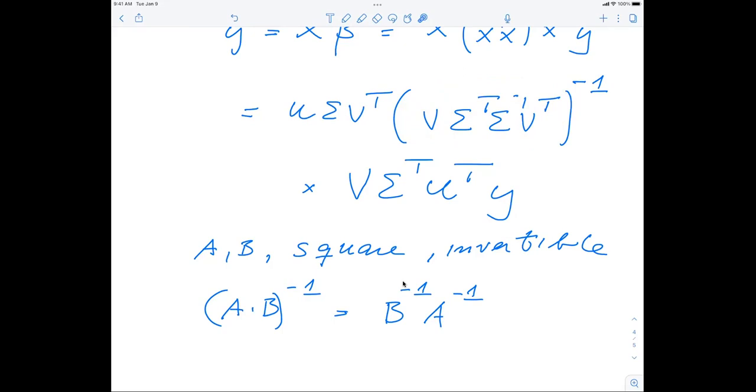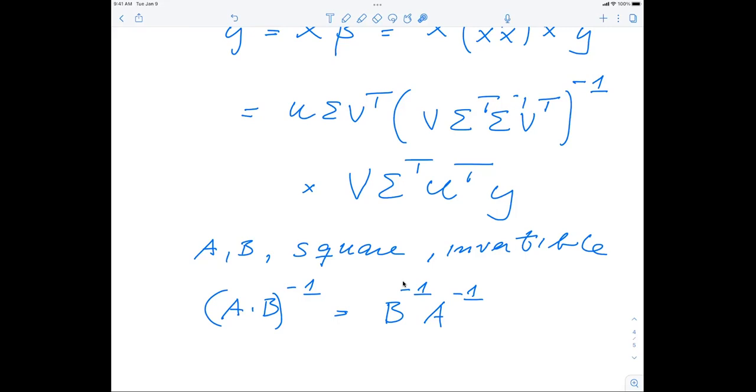So if I want to use this nice feature, I actually have to have that the matrices which I want to invert, this V times Sigma transpose times Sigma times V transpose, can actually be inverted. Let me give you some hints.